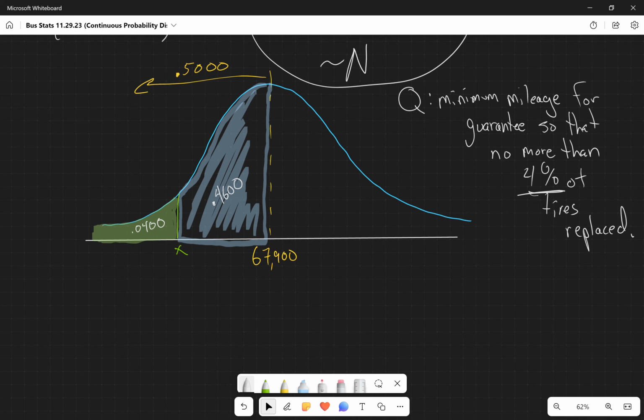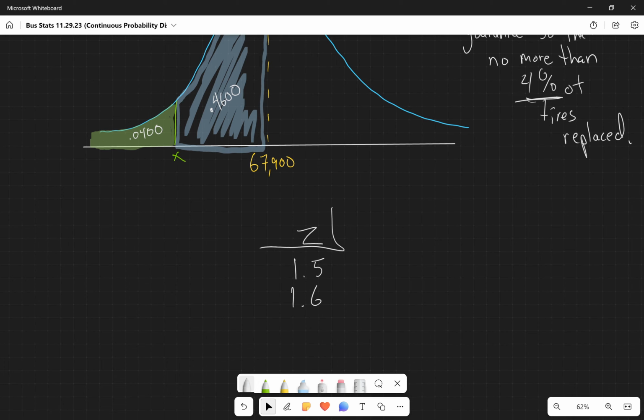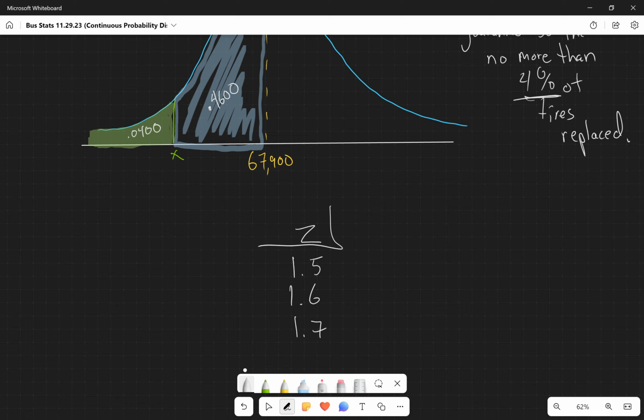So you're going to be looking on the z table, and you're going to find .03, 0.04, 0.05, 0.06. So you'll start to get a little bit closer. At 1.74, we've got 0.4591.